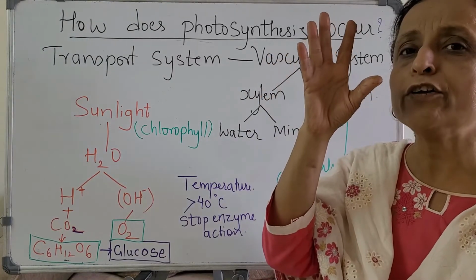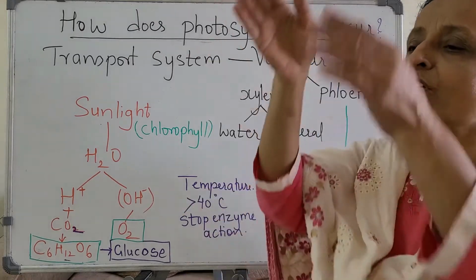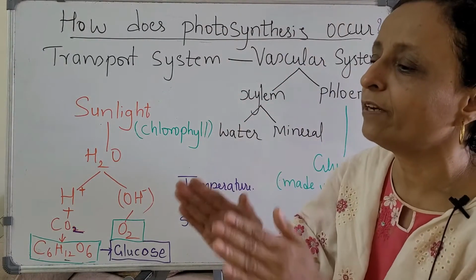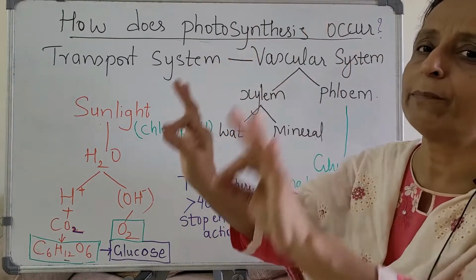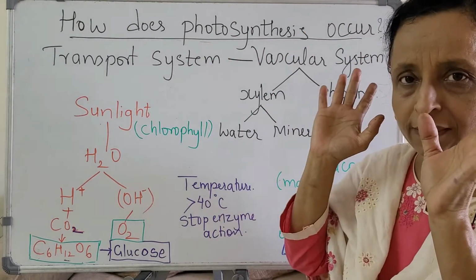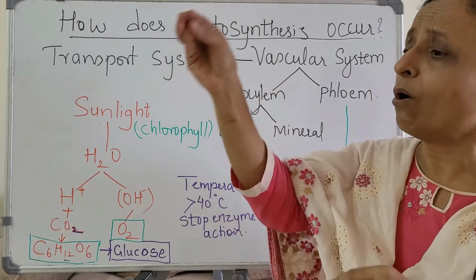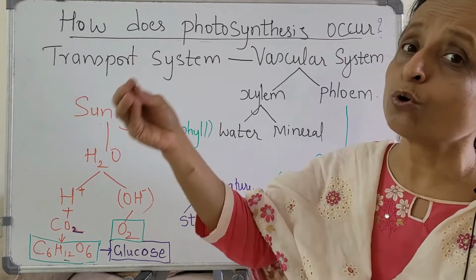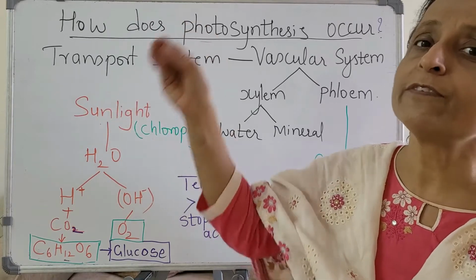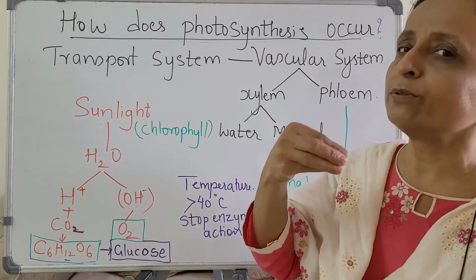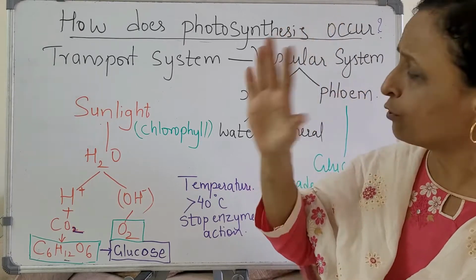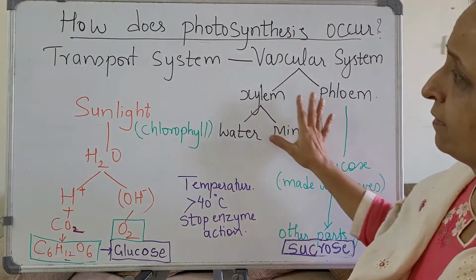It will be transported to different parts of the plant. And some will also form grains. This will store the sugar in the form of starch, which you are going to eat and then convert into glucose. So this is the process.